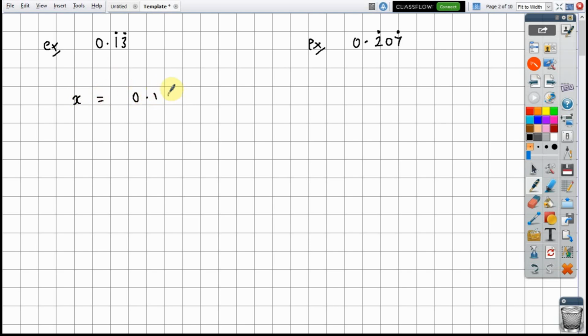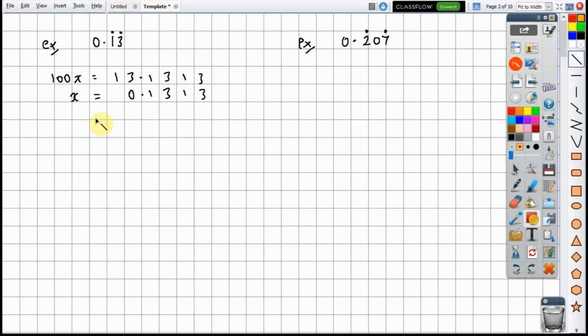x equals 0.1313 recurring. It's repeating every 2 columns. I'm going to change this to 100x. And I've got, see, that 1 jumps into there, that 3 jumps into there. And so I've got that.